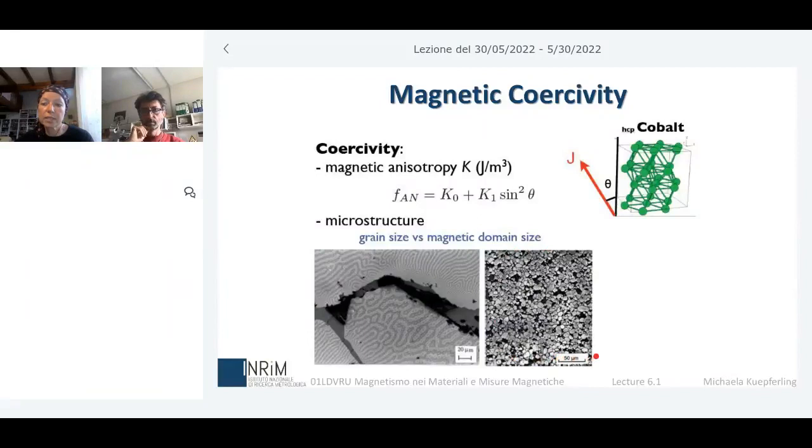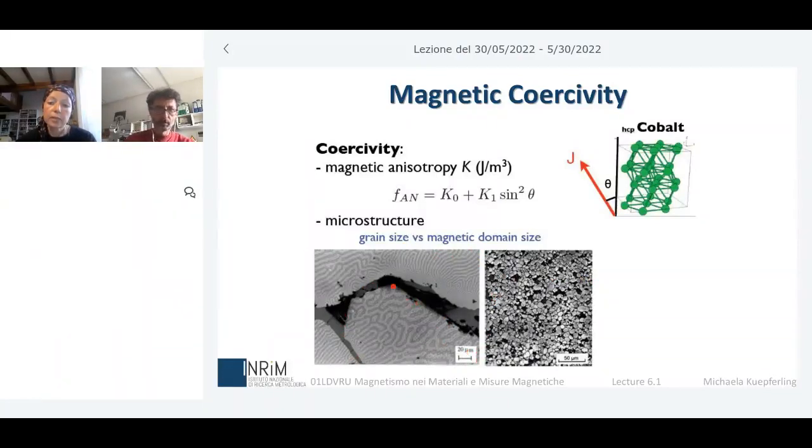If you have only single domain particles, then we can apply the Stoner-Wohlfarth model and we can reach almost the best value of coercivity. On the other hand, if we have grains which are bigger, then you will have inside the grain a domain structure, as you can see on that side.